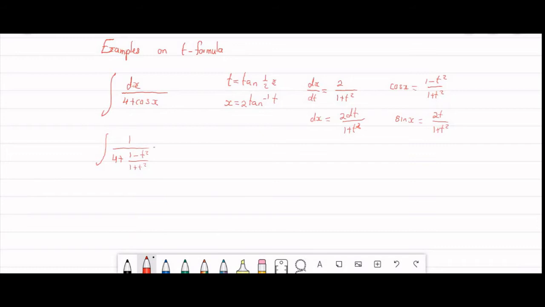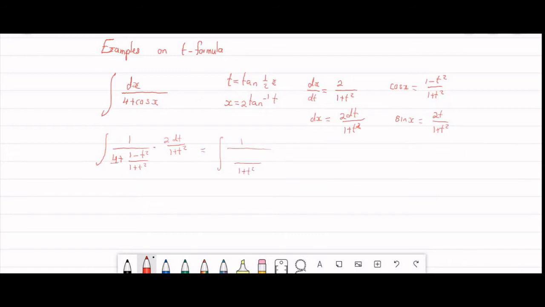Therefore, our dx will be equal to 2 dt over 1 plus t squared. Now we can use maths and take a common denominator, which is 1 plus t squared.